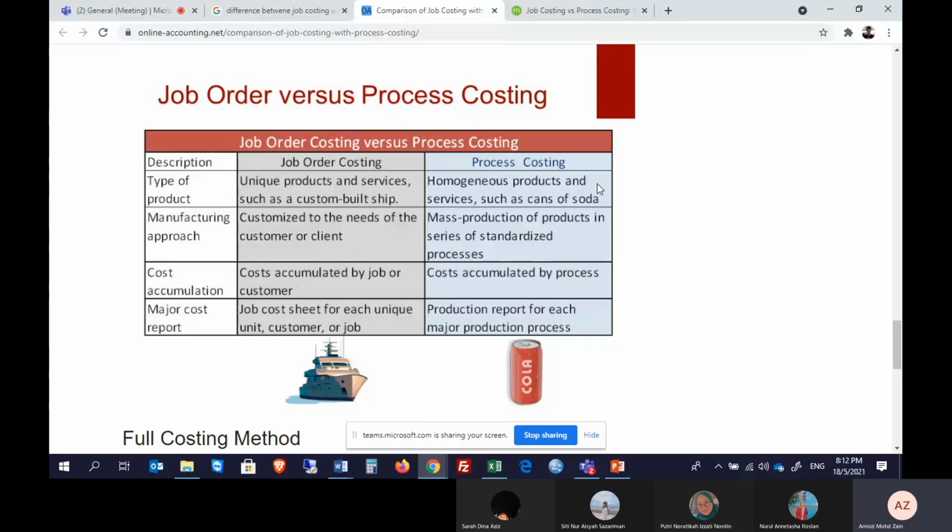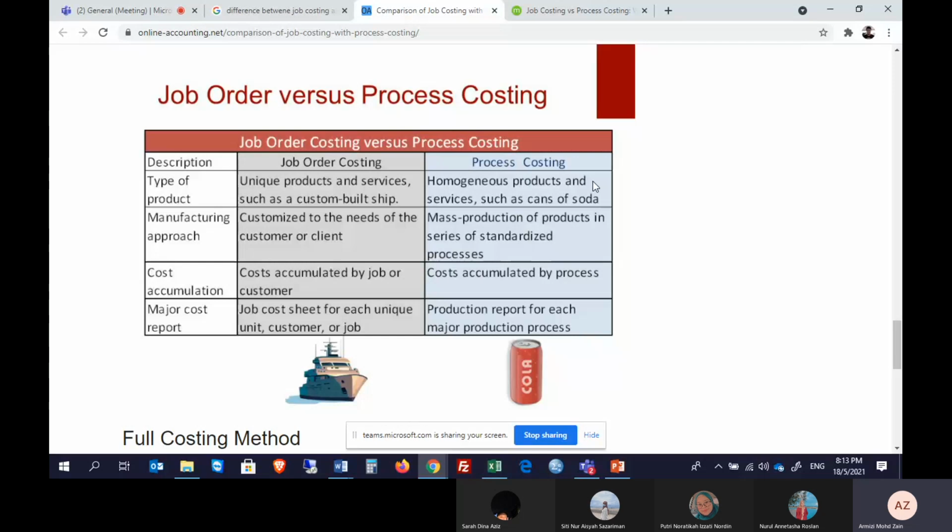If you are a ship manufacturer, each different company will request a different kind of ship, in terms of quality, in terms of size, in terms of material used. So this is a custom-made ship, and you have to follow the requirement. So this one you will use job order costing.